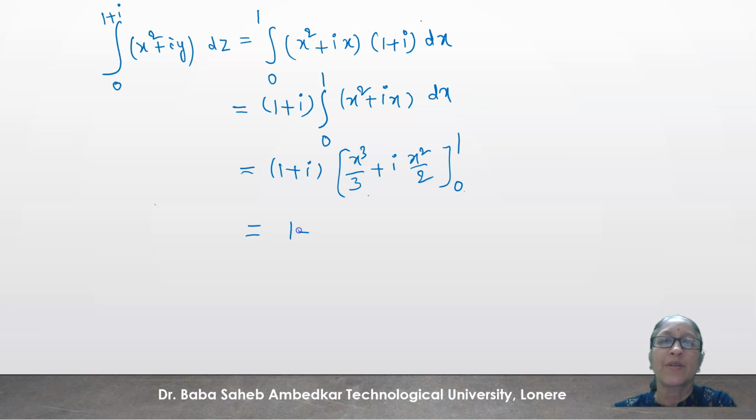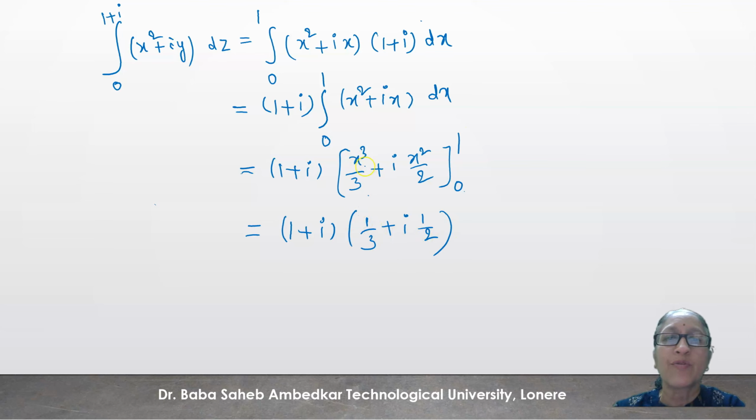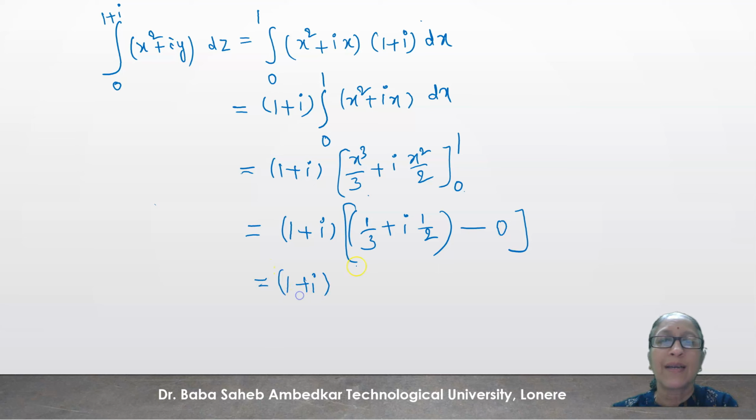Which is equal to 1 plus i into 1 by 3 plus i into 1 by 2. If you put the upper limit x equal to 1, first we have to put the upper limit, then the lower limit. Okay, now if you put x equal to 0, you get 0. Then what do you get here? 1 plus i into 1 by 3 plus i into 1 by 2.